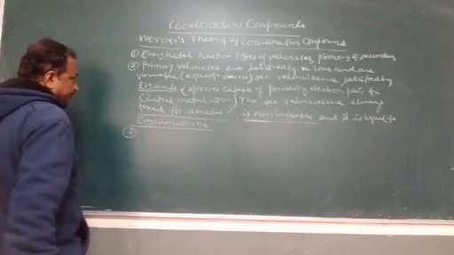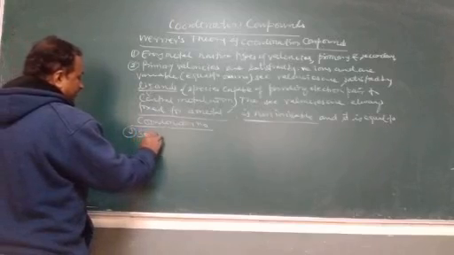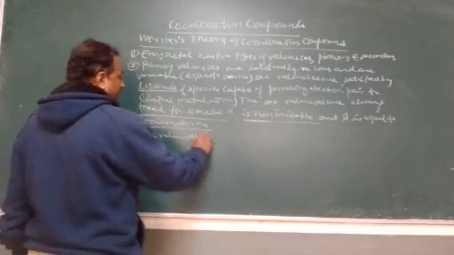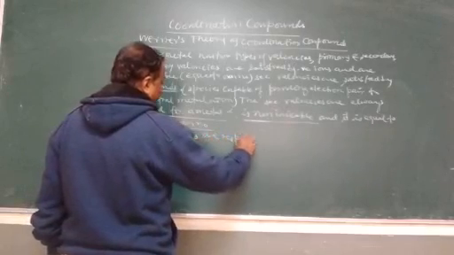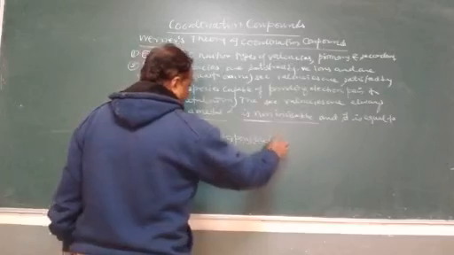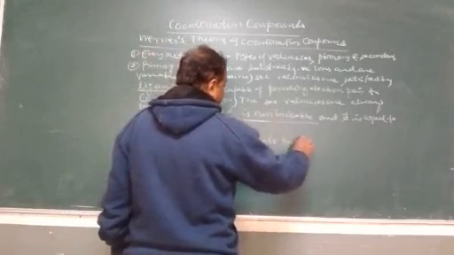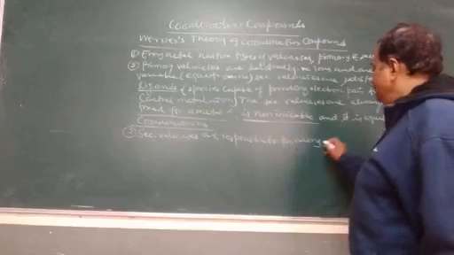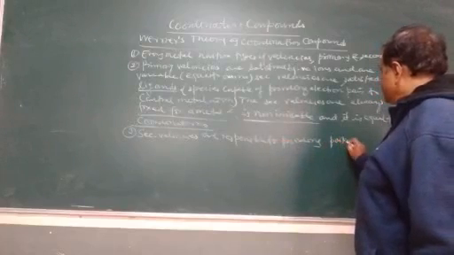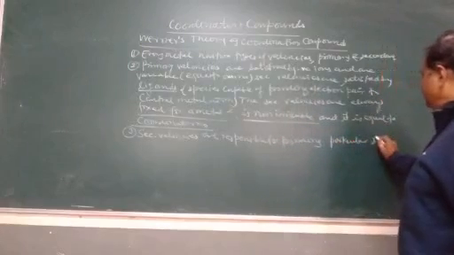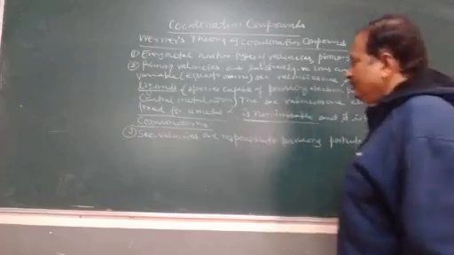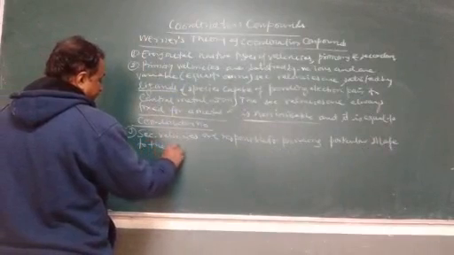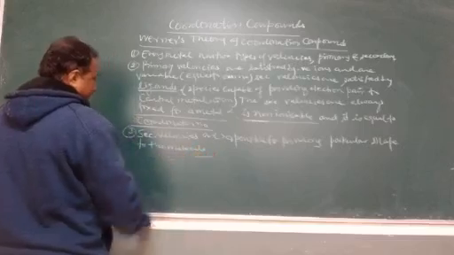Now the third point: secondary valencies are responsible for providing a particular shape to the molecule.